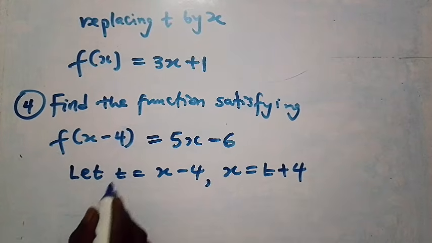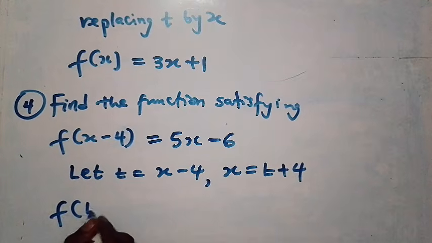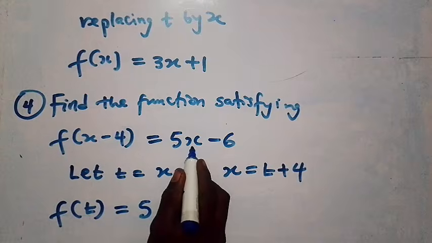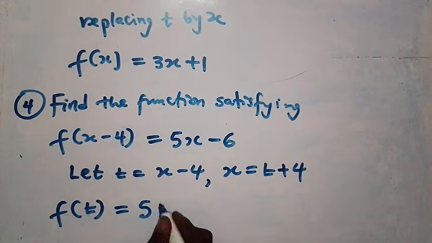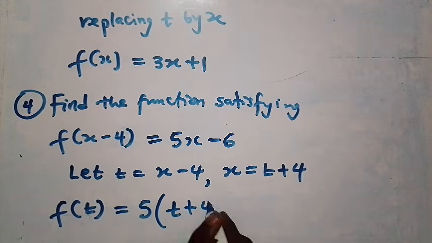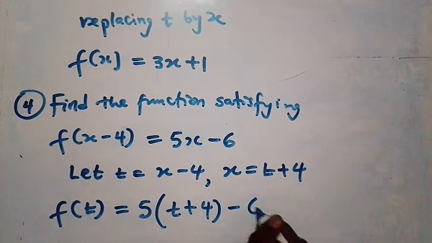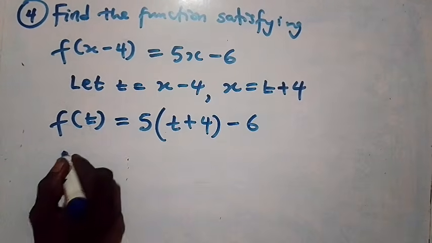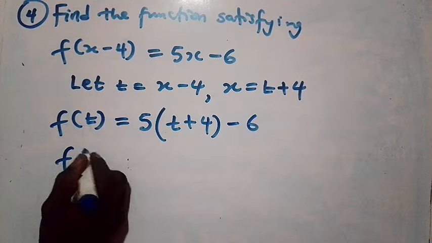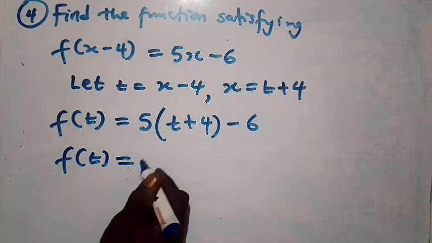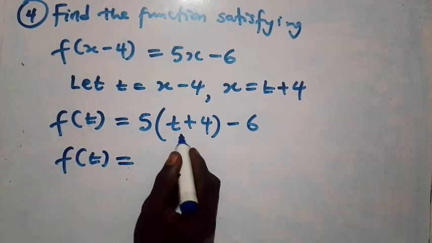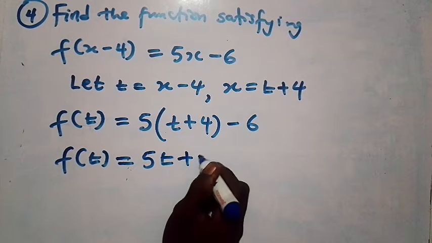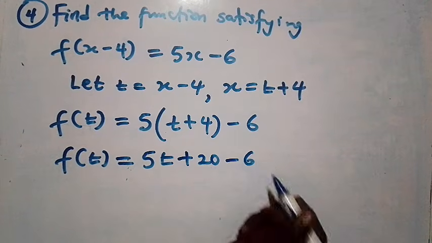Now f of x minus 4 will become f of t equals 5, this is x, and x equals t plus 4, open bracket, t plus 4, minus 6. F of t will now be equal to, let's open this bracket, 5 multiplied by t, that is 5t, 5 multiplied by 4, that is 20, minus 6.